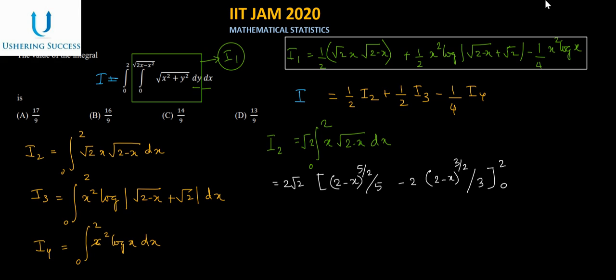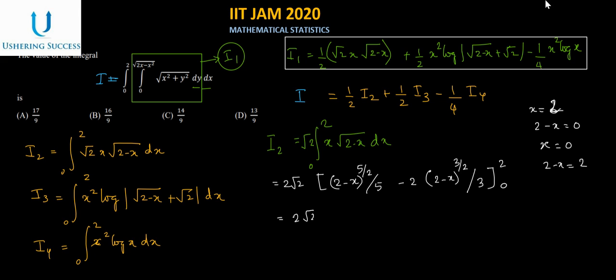So if I put x equal to 2, then 2 minus x will become 0, then the whole term will reduce to 0, so the upper limit will be 0. But if I put x equal to 0, 2 minus x becomes 2, and we'll get values for this one.